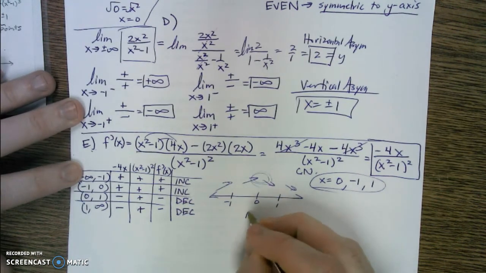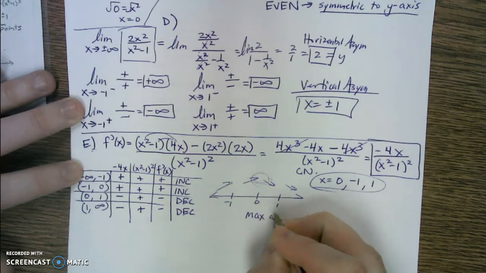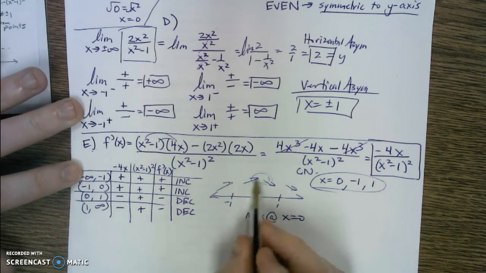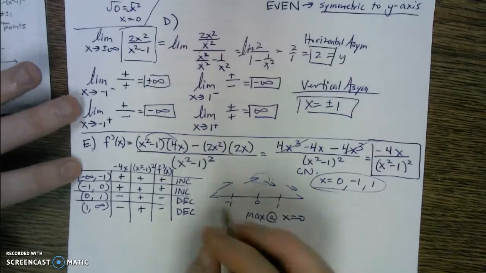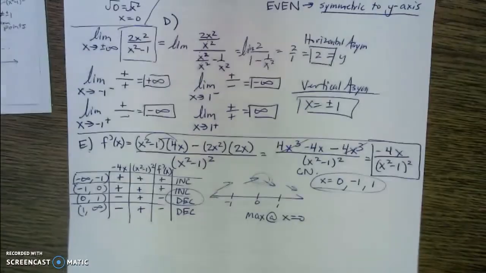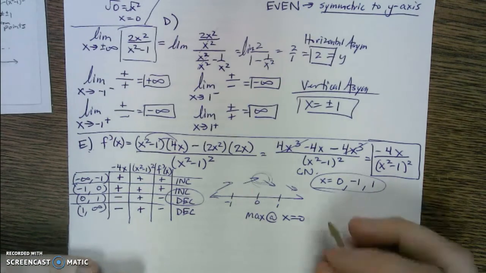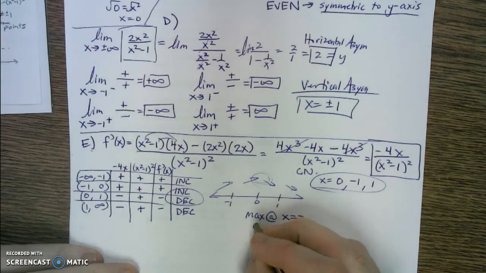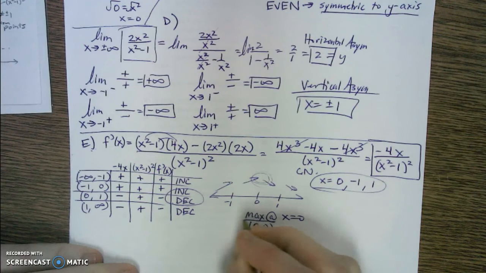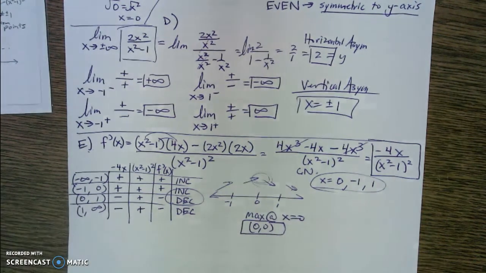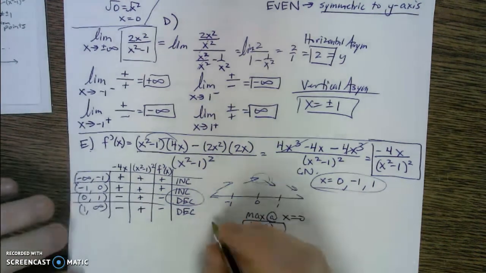There's a maximum at x equals 0 because it went from increasing to decreasing, which we see right there. So if we plug in 0, we already plugged it in earlier, max at 0, 0. So that is part F.